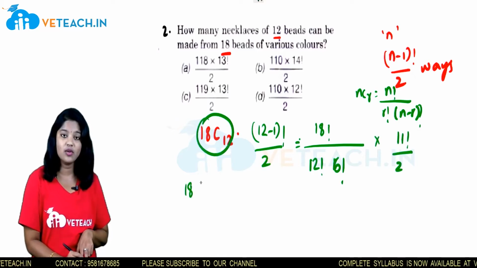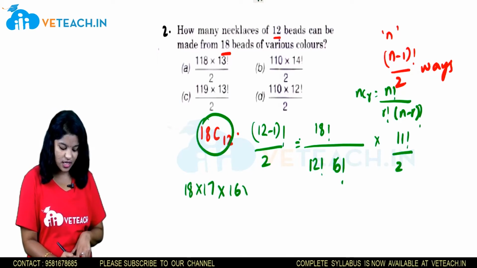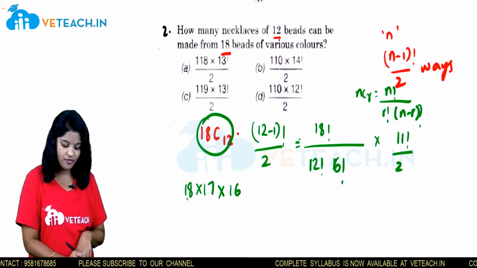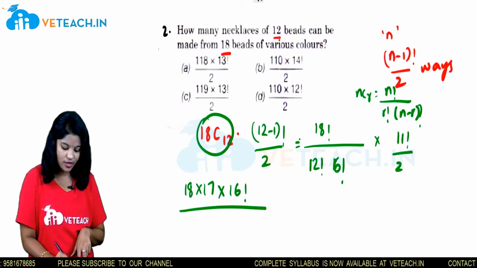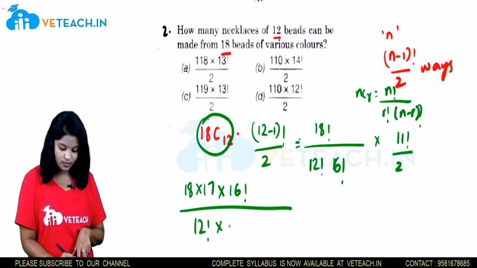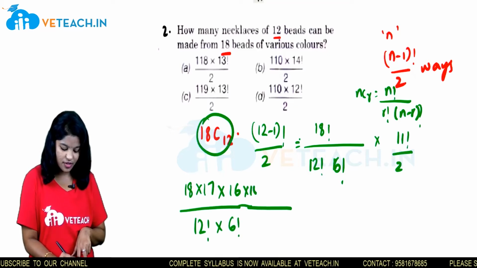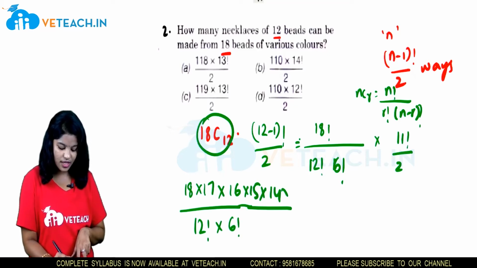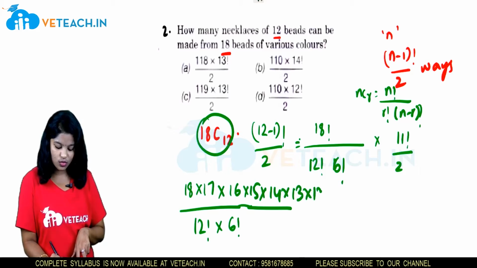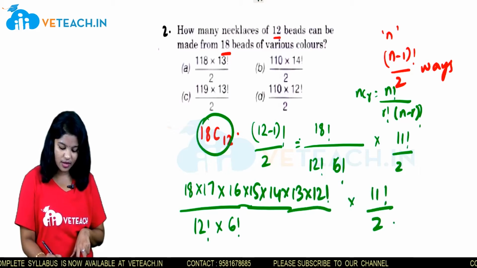Now, this 18 factorial can be written as 18 into 17 into 16 into up to 16 is enough, 18 into 17 into 16 factorial divided by 12 factorial into 6 factorial. So we will write it as 15 into 14 into 13 into 12 factorial into 11 factorial divided by 2.